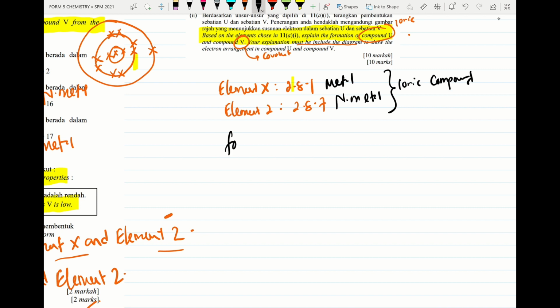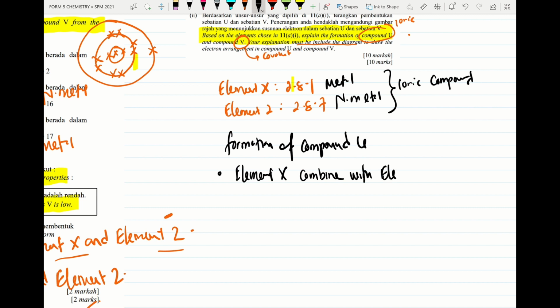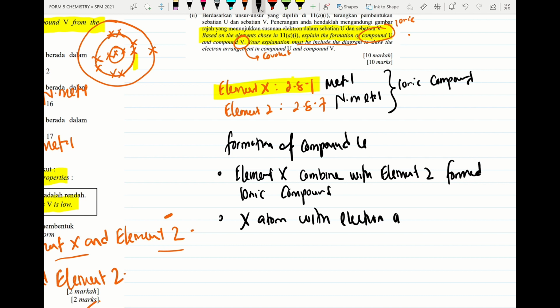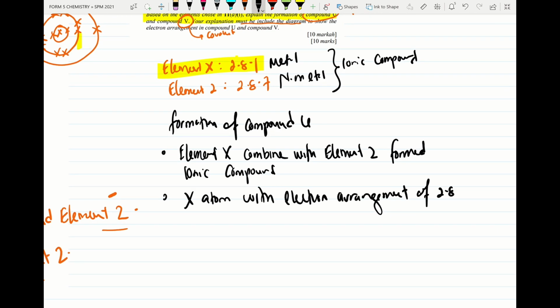So I put here formation of compound U. First point: element X combines with element Z to form an ionic compound. I talk about element X first. So I put here X atom, with electron arrangement of 2.8.1.